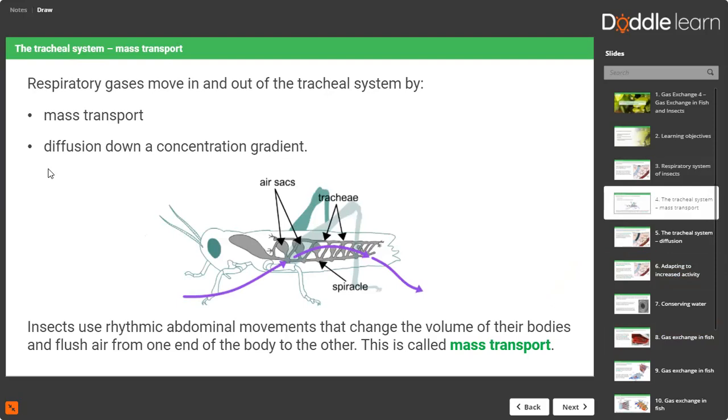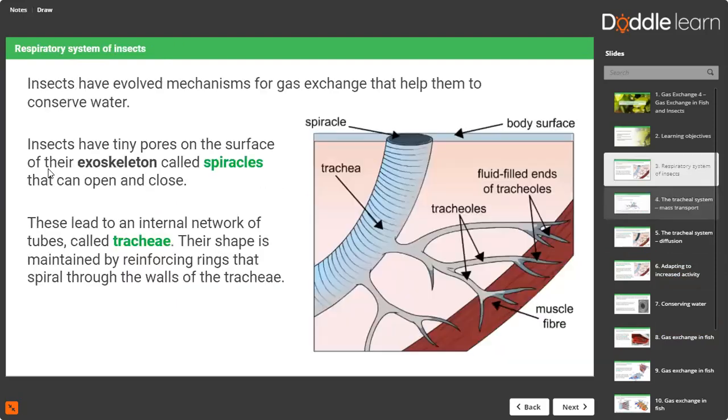It's able to flush air from one end of the body to the other, and this is called mass transport. If we go back to this image, these tracheoles and fluid-filled ends of tracheoles are attached to muscle fibers. As the insects change the body volume in different areas, it will bring in more gas to one area of the body, and then when they make it smaller, it will push that gas to another area of their body.